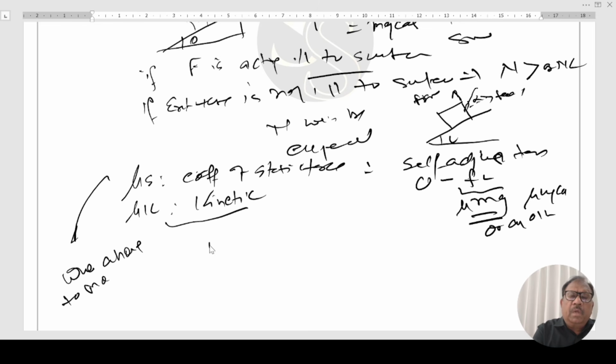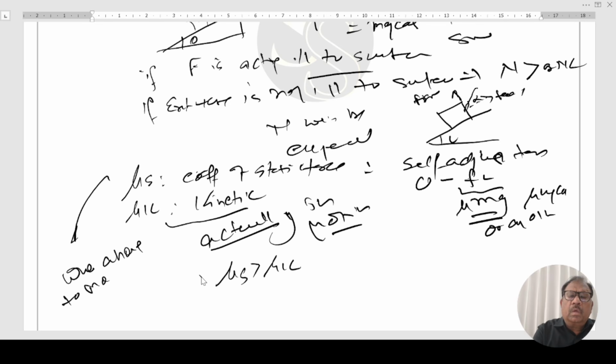This comes into the picture when the body is actually in motion. Mu s is greater than mu k.